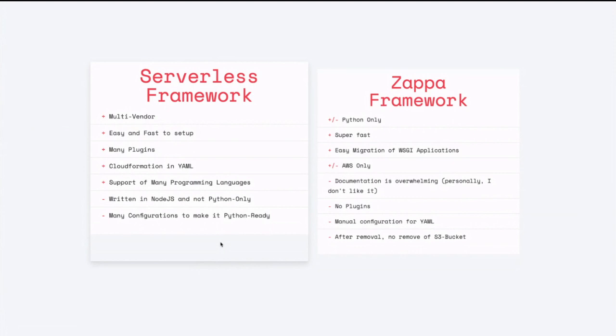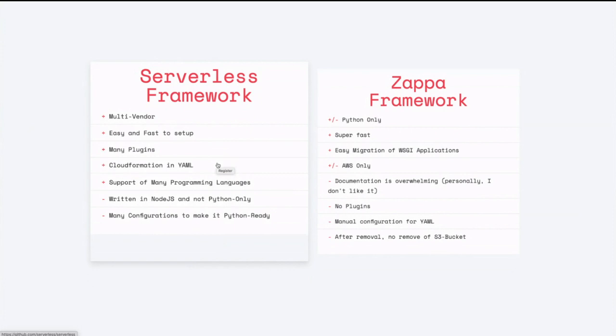So that's why they have the possibility to support multi-vendors. So that means also you can do multi-cloud deployment. It is easy and fast to set up. It has many plugins, really a lot of plugins. Not all of them are usable, but there are some really good ones, especially for TypeScript.